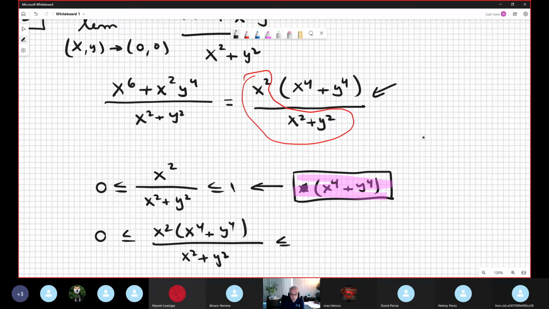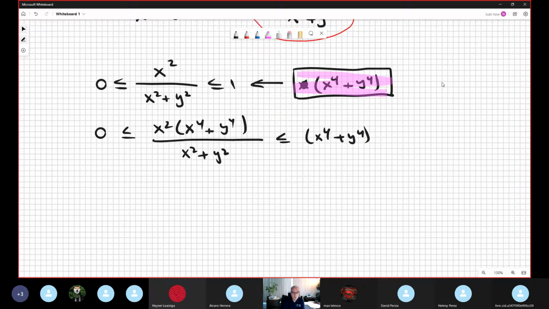And the other side is just x to the 4th power plus y to the 4th power. And this is my famous original function that I discovered algebraically, which is bounded between 0 and 1.